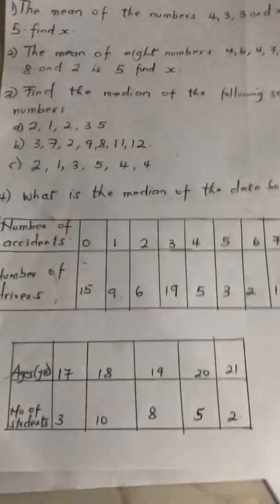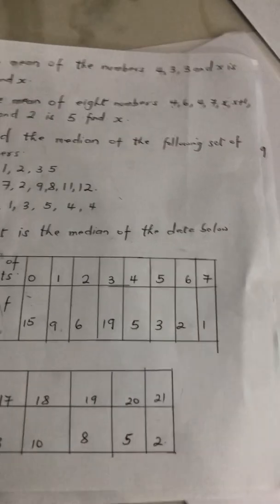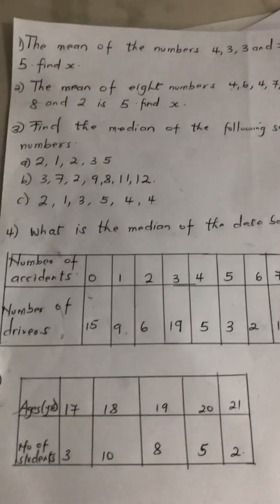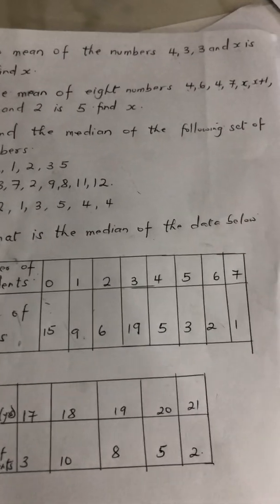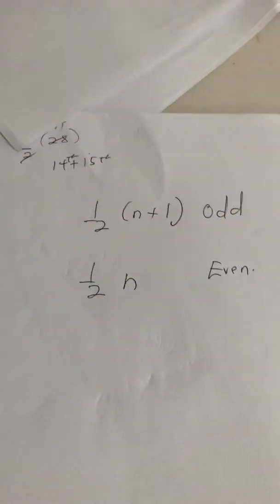Now the next question is a frequency table that has been given to us, and they're asking us to find the median. Now you know that our rule still remains as half n plus 1, that is if it is an odd number, and half n, that is if it's an even number.